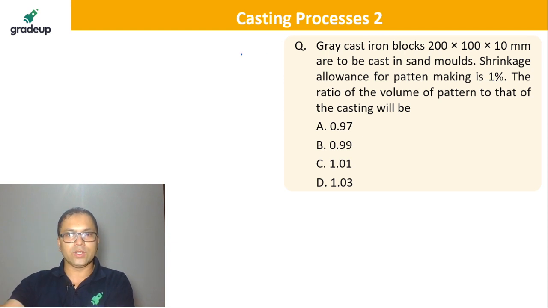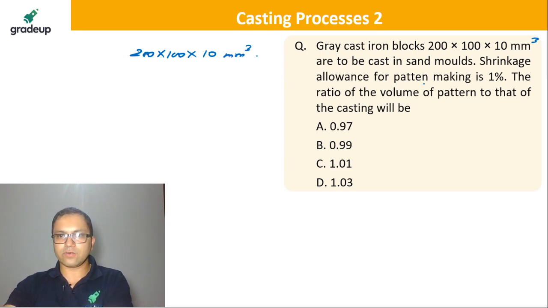It's given to you. Now the dimensions of the gray cast iron blocks are given to you something like this: 200 into 100 into 10 millimeter cube. So these are the dimensions. Now shrinkage allowance for pattern making is 1%.